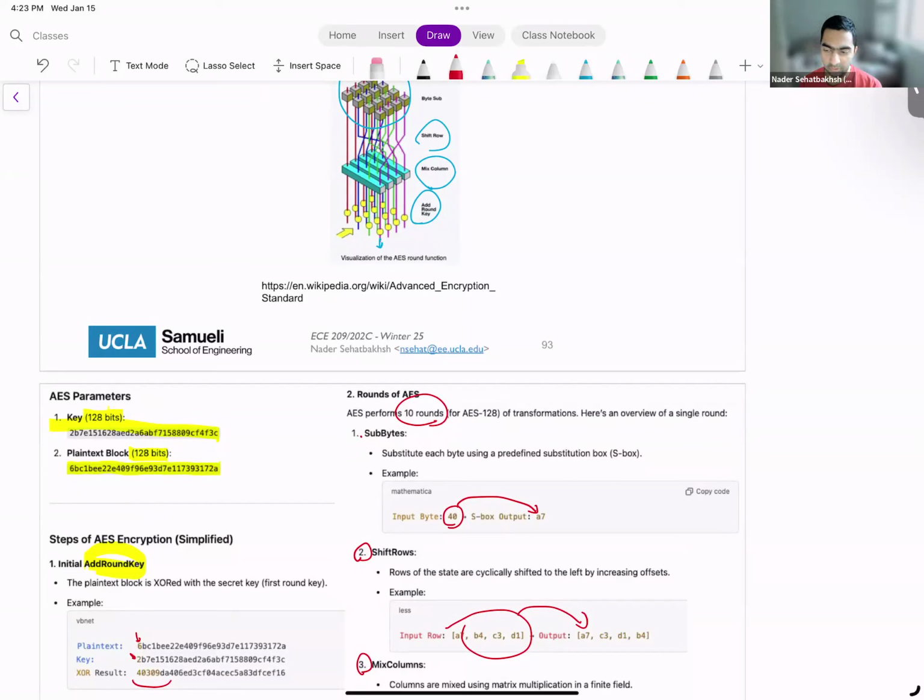But again, the rationale behind many of these things, for example, why do we shift rows and then mix columns, why are we taking 3 rows and not 4 rows, and so on, is mainly just to create that amount of randomness that you want to achieve. There are some theoretical explanations for some of these approaches. The others are mostly trial and error, and they figured out that this is the best way to do it.